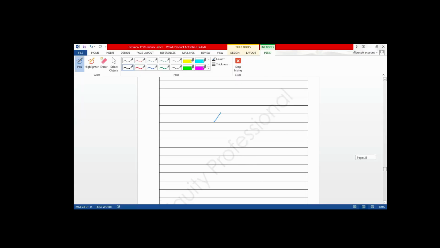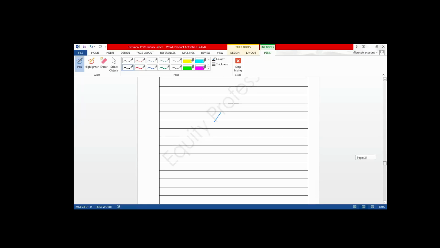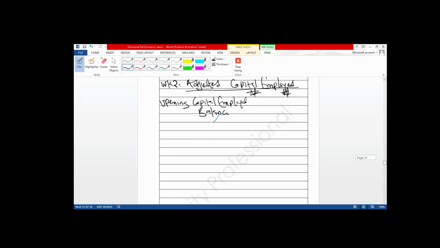Pick this figure. $500 million. Items to be added: operating lease assets.